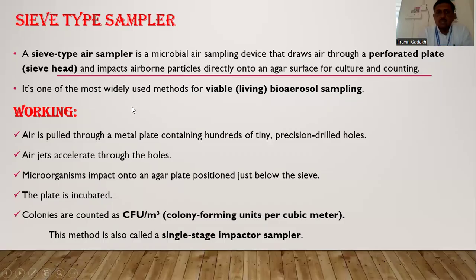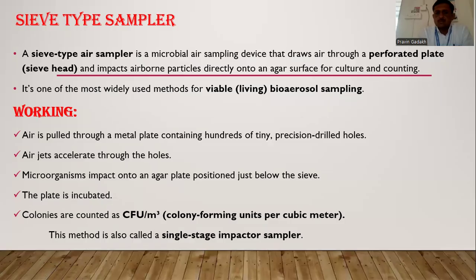It is the most widely used method for counting viable organisms present in the air. How does it work? The air is pulled through a metal plate containing hundreds of tiny holes, and the organisms suspended in the air we have to grow on the surface of the nutrient agar plate.